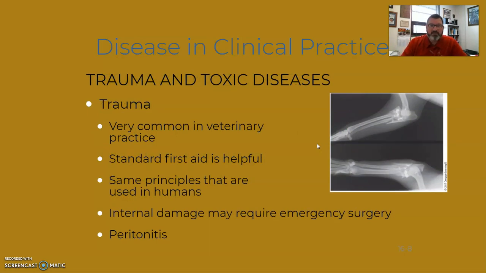Broken bones, accidents of some kind, extremely common in veterinary practice. And of course, understanding how to do some basic first aid is quite helpful. Here, the same principles that you would utilize in human first aid would also be important for animal first aid. And if you have internal damage, sometimes we can require emergency surgery.